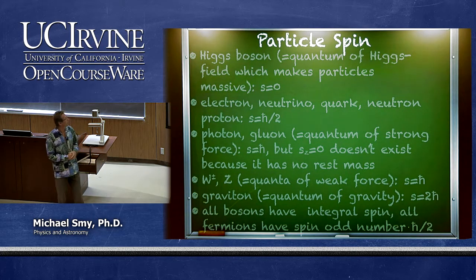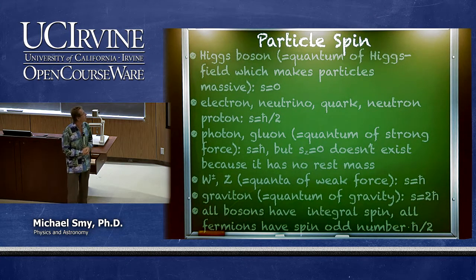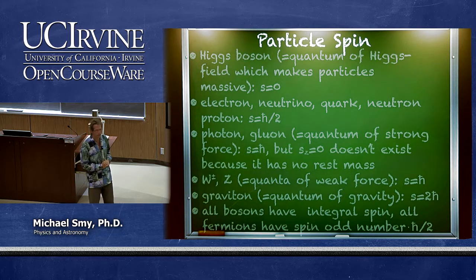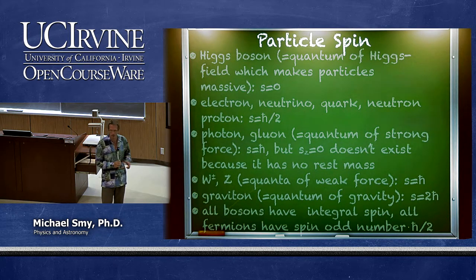So the electron, the neutrino, the quark, the neutron, and the proton, all of those have a spin h bar over 2. The photon and the gluon, where the gluon is the quantum of the strong force, just like the photon is the quantum of the electromagnetic force, have twice as much spin.